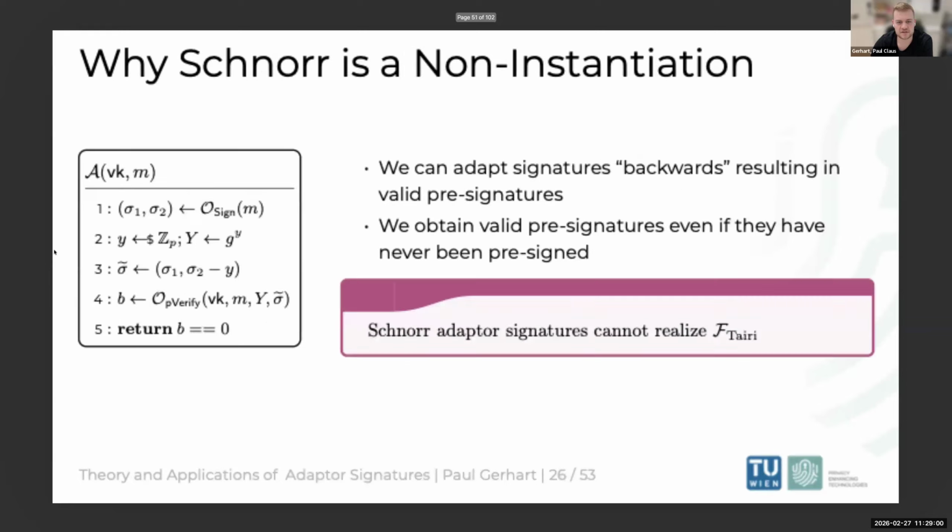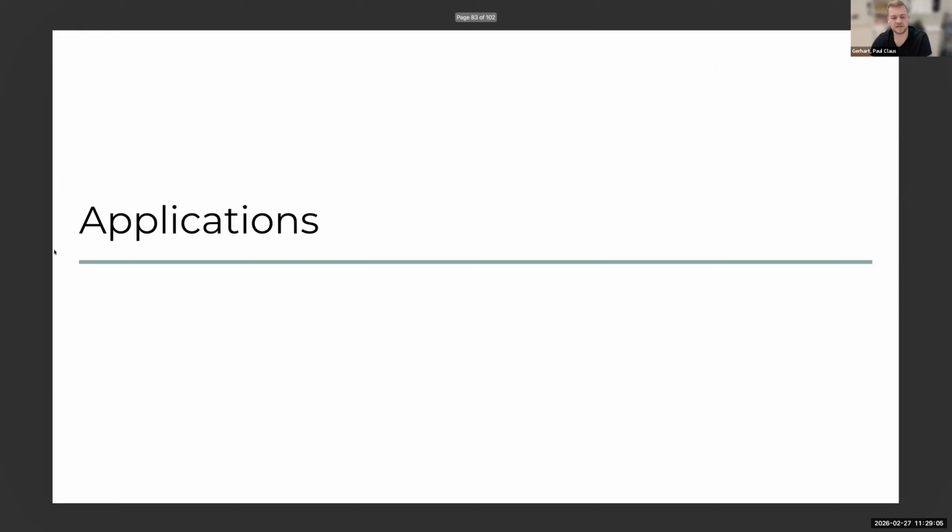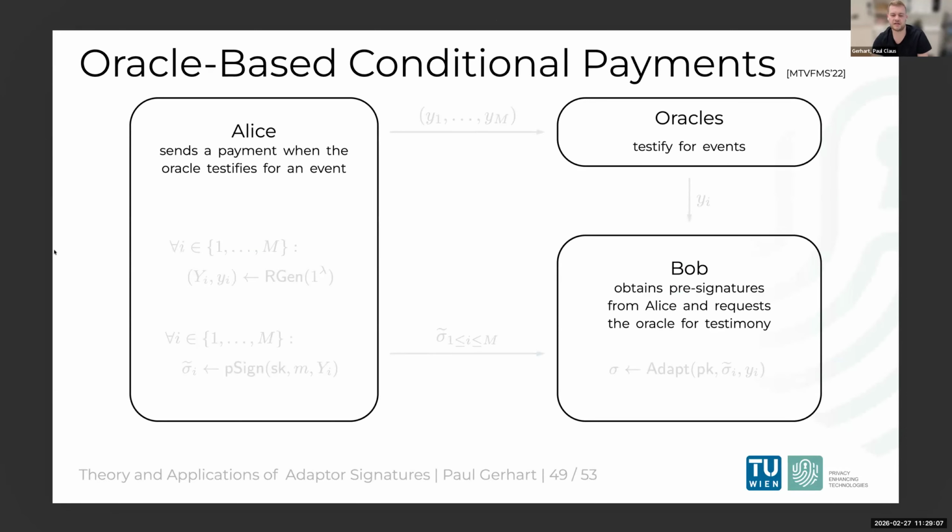Let me go to my bonus slides. Okay, let's see what happens, for example, in Oracle-based payments. You have Alice, Bob, and the oracles, and Alice is sending a payment when the oracles are testifying.